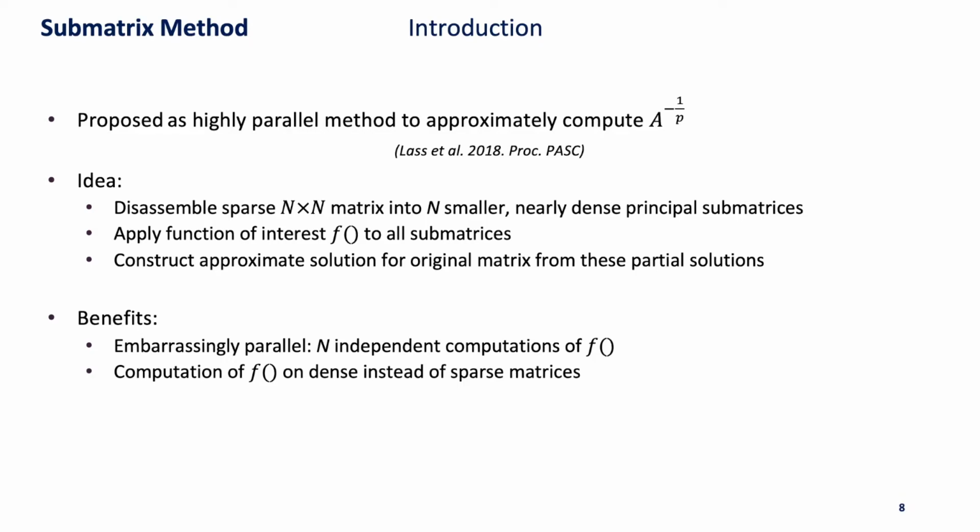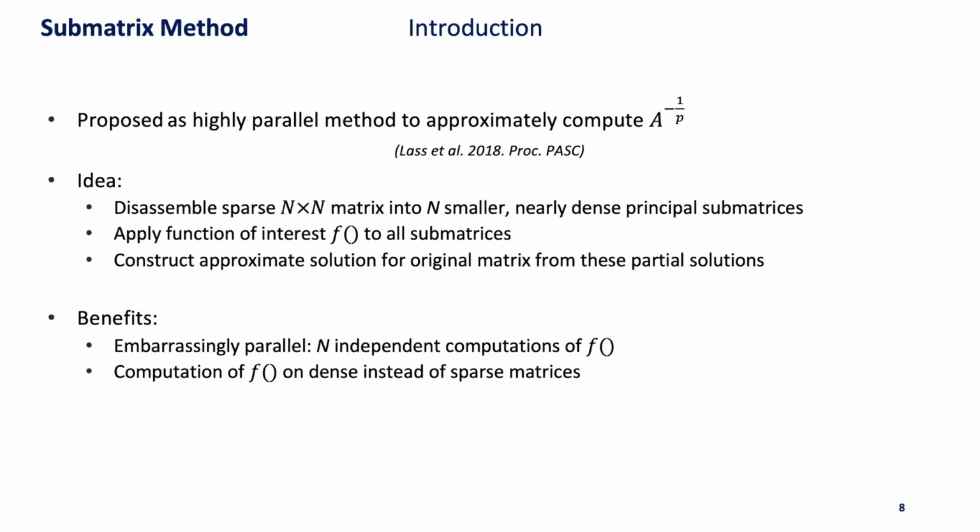This method we proposed 2 years ago as a highly parallel method to approximately compute inverse p-th roots of matrices. But we will see that this can also be applied to the sign function. And the rough idea of this method is that we disassemble our sparse n times n matrix into n smaller, nearly dense submatrices, and then apply the function of interest, so here the sign function, to all of these submatrices.